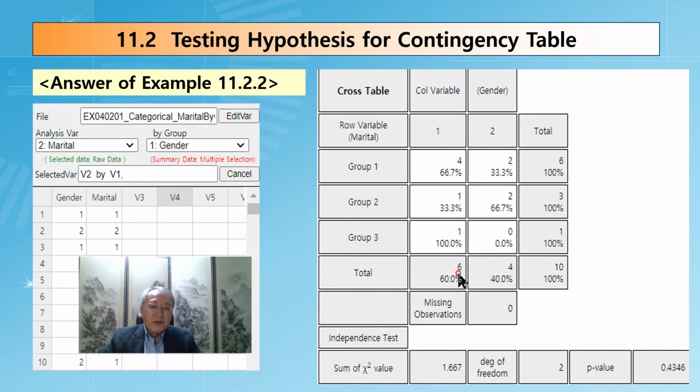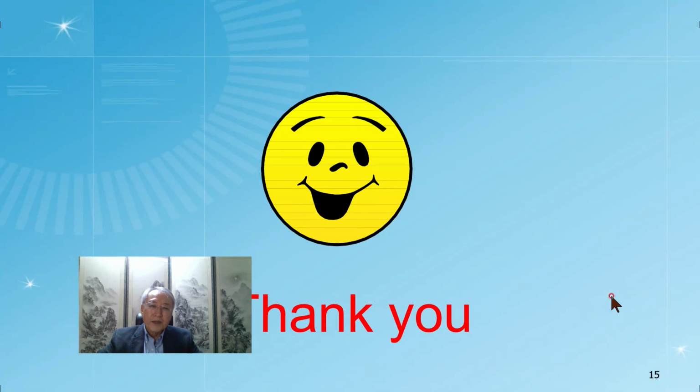At the end of this output, they provide you the chi-square test value, 1.667, with 2 degrees of freedom. Why 2? R minus 1, where R is 3 and the column is 2, therefore it's 2. And they provide you the p-value, therefore you have to accept H0. Okay, this is for the test of independence. Next class we are going to discuss the test of homogeneity.